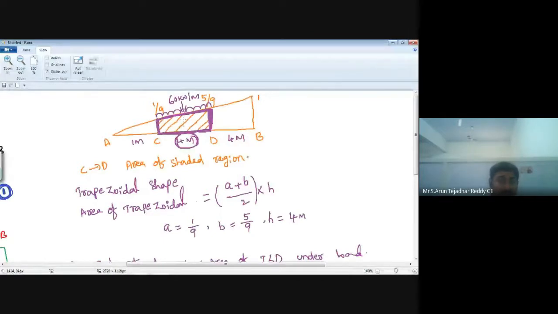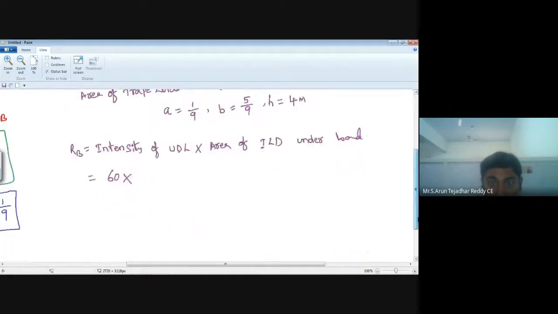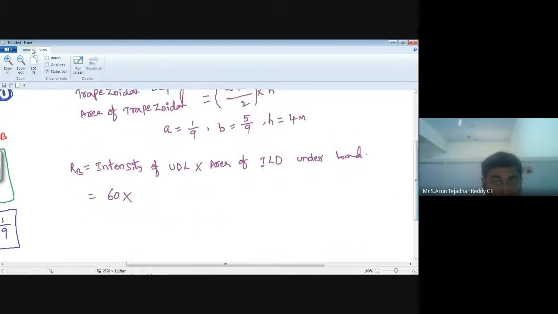Now we have one formula, because it looks like a trapezoidal shape. So what is the area of trapezoid? (A plus B) by 2 into H. So A is 1 by 9, B is 5 by 9, and H is 4.